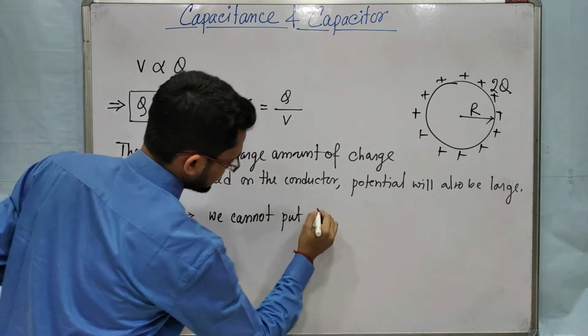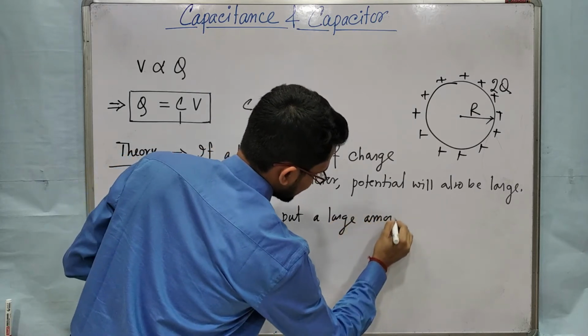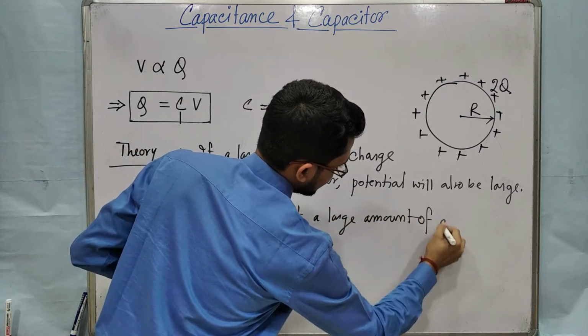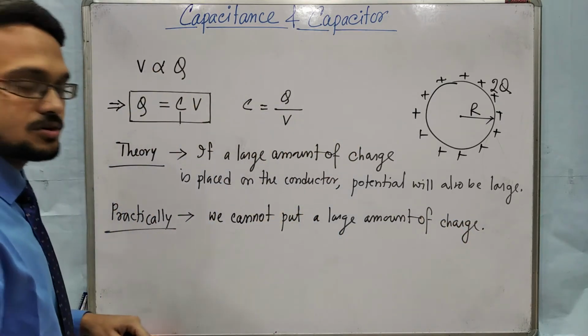So practically we cannot put a large amount of charge. What happens if we put a large amount of charge?